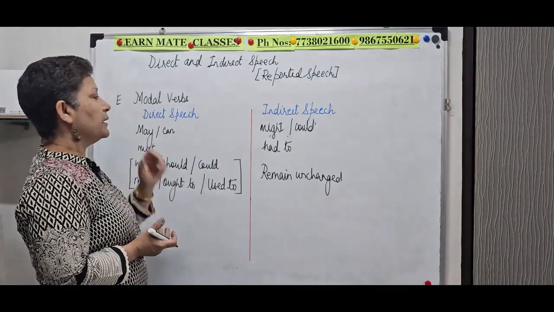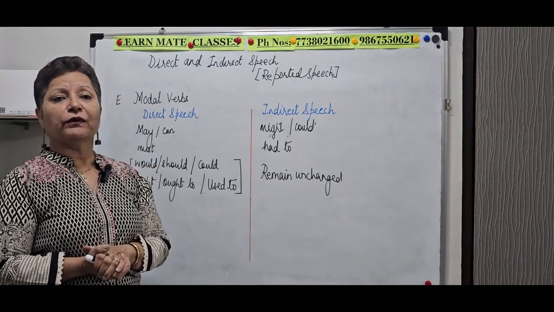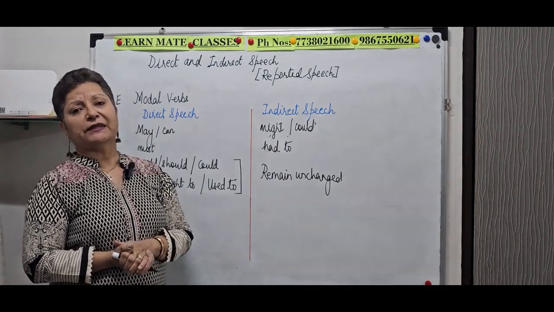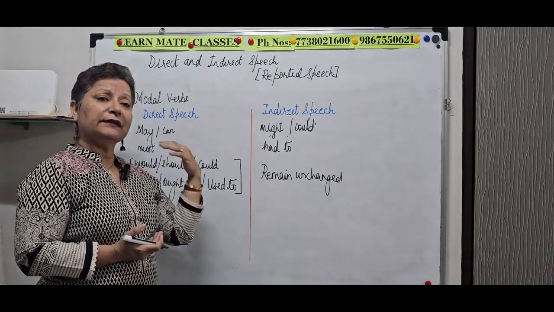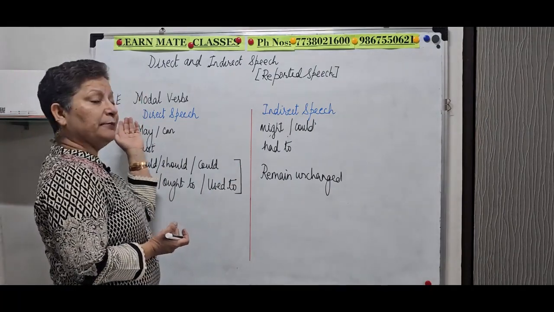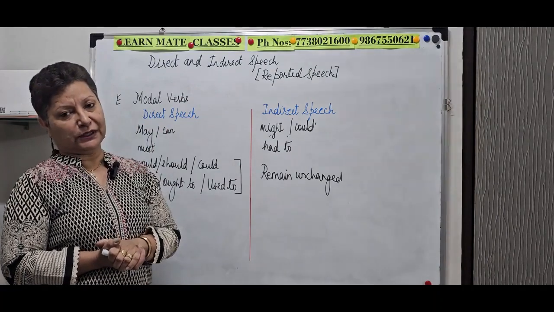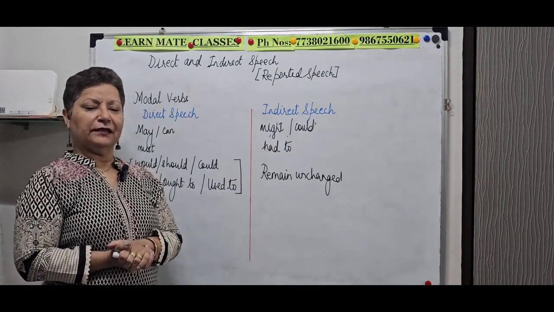So in all we've done up till rule E, we've introduced what happens when the reporting verb is in the present or future, what happens to all the verbs inside, and we came to exceptions and finally now to modal verbs. This all is what I intend to do in this particular lecture.